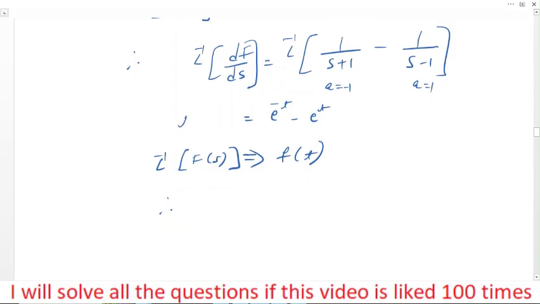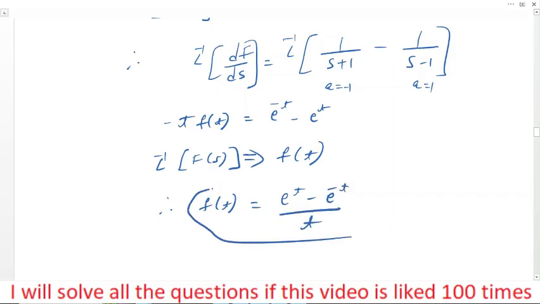So therefore, we take this as t f of t, which is equal to e raised to minus t minus e raised to t. In this case, when we take the inverse, it will be in the form of negative, because the function df upon ds is going to be considered as minus t f of t. Therefore, f of t is equal to minus, or take it on this side, so it is e raised to t minus e raised to minus t divided by t. This is the answer. This is how we have to calculate the values. Thank you so much.